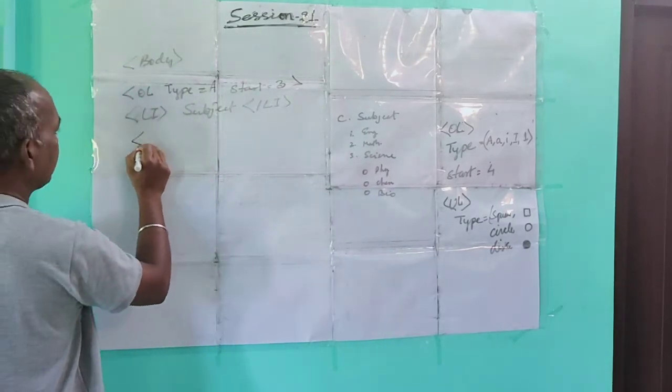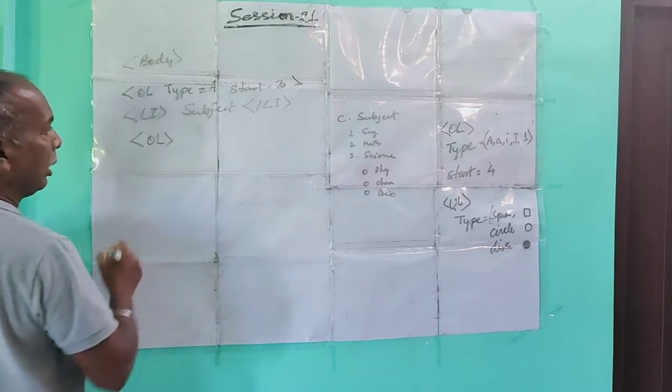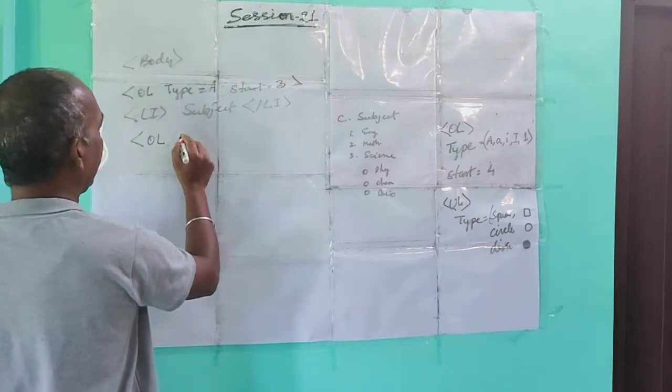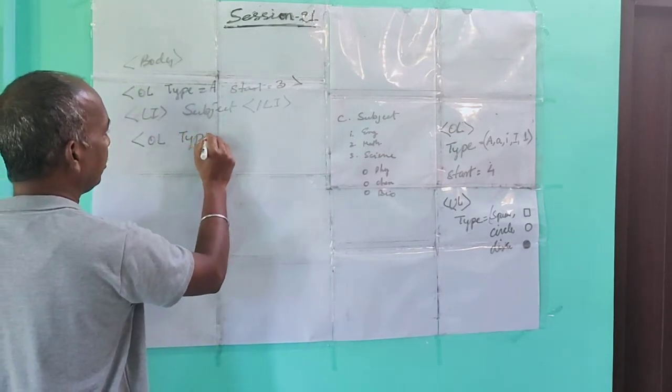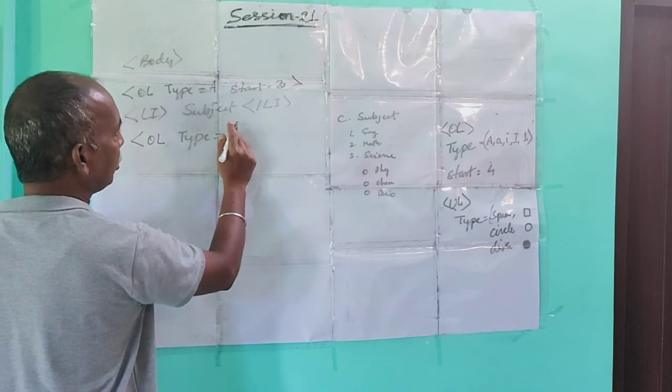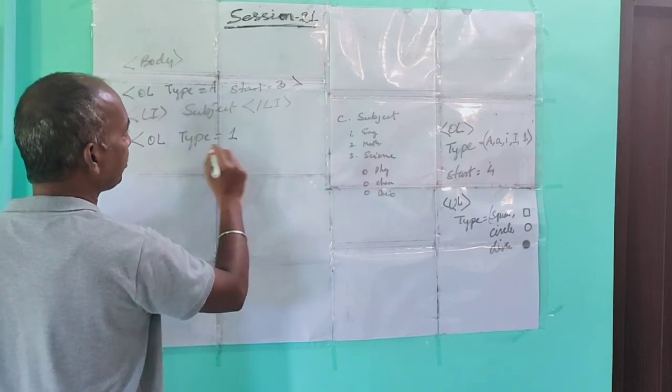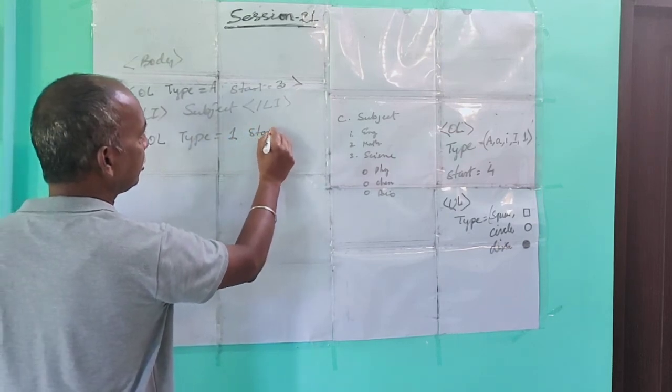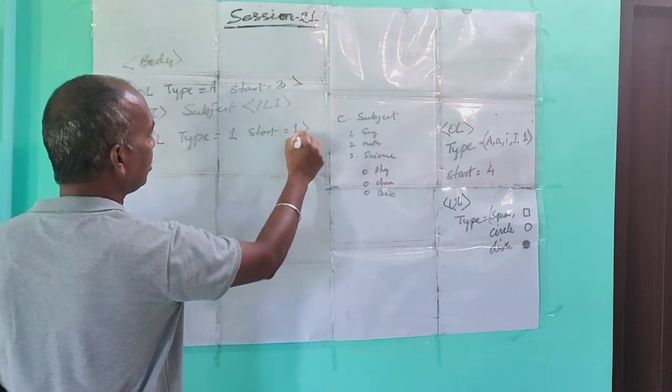For that again start OL type equals to 1, start equals to 1.